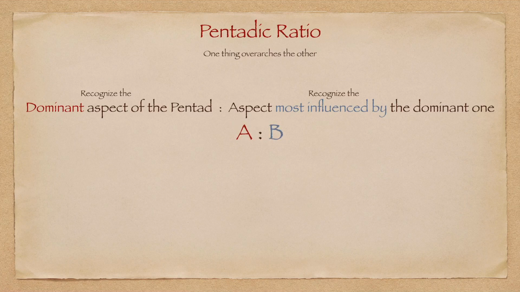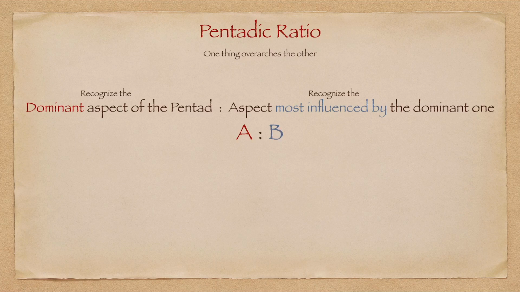Burke portrays his pentadic ratios sometimes with a colon. Sometimes he puts a dash between them, but that's how he thinks of them. He thinks of them as an A-B, a dominant aspect of the pentad, and the other aspect of the pentad that is most at the service of or submitted to or influenced by that dominant aspect. That's the issue that you as a critic are looking for.